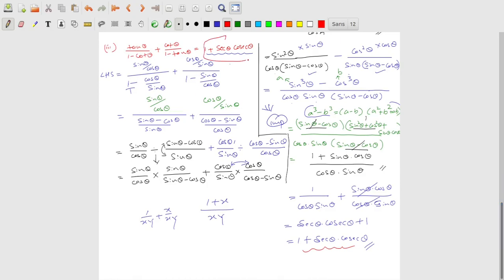So this was the required answer which we got here. Concentrating on this part is important: this identity here, then cancelling out these two terms, and then taking this as 1. Even this step is important, taking the negative term and making these two terms the same.